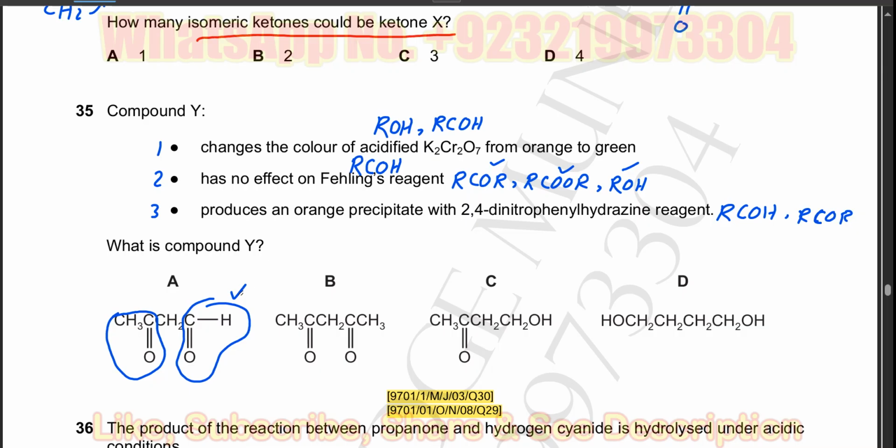Aldehyde group can give me the Fehling's reagent test, which means point number 2 is not applicable on it. It has an aldehyde group, which should not be here.